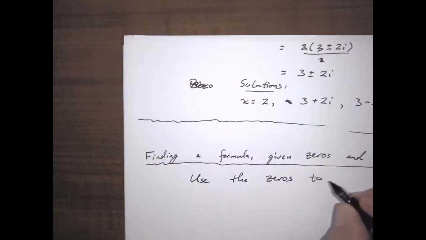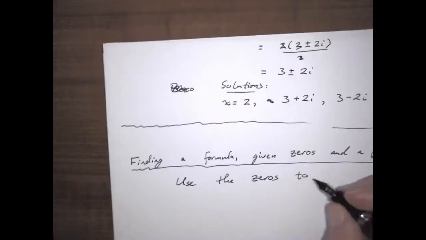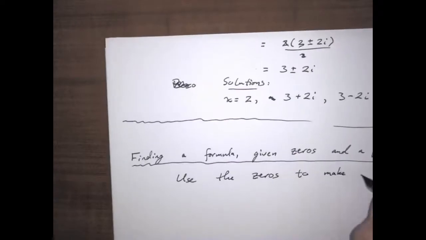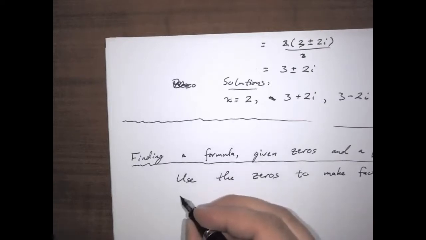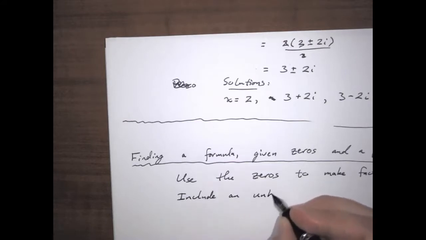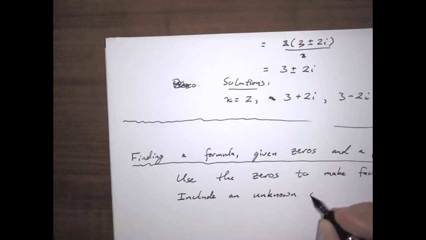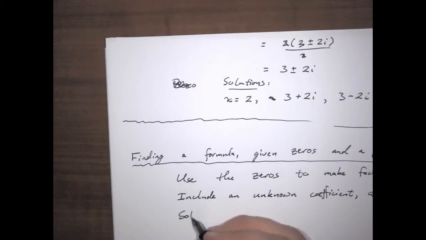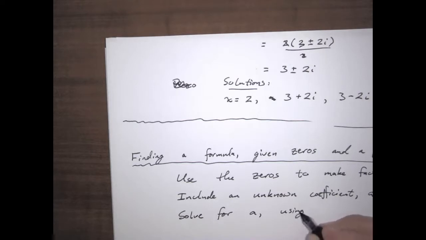Use the zeros to make factors. Include an unknown coefficient, a. Solve for a using the given point.